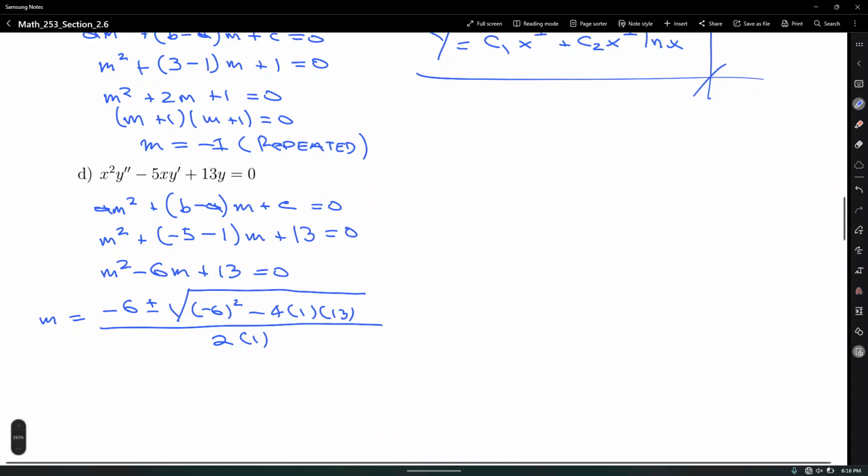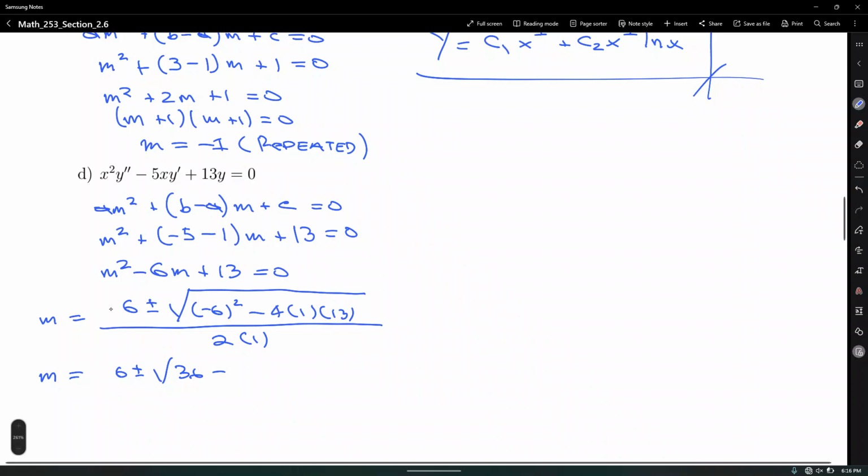Okay, let's simplify all this madness inside of the radical. That is m equals negative 6 plus or minus the square root of 36 minus 13 times 4. Oh, yes, that becomes positive, right? Because minus negative b, which is minus negative 6. Yes, you're right. Thank you. And let me change that here too.